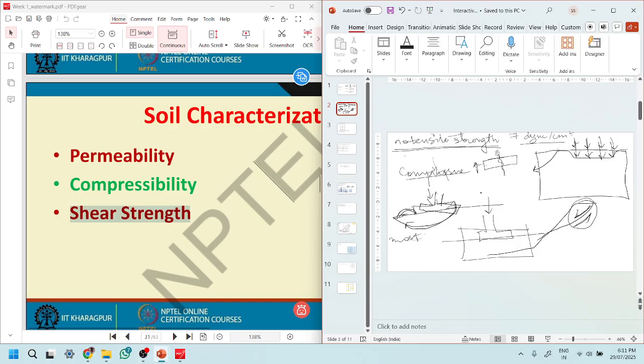Nothing is in air, everything is on the ground. And when you're constructing, the first thing you want to know is the strength of this soil. And when we talk about strength, how do we quantify it? We quantify it as the shear strength, because that is the most critical.